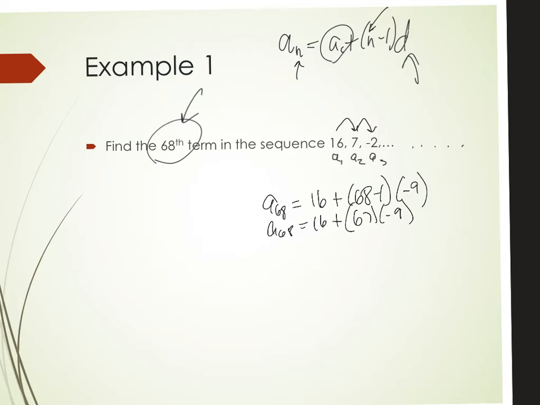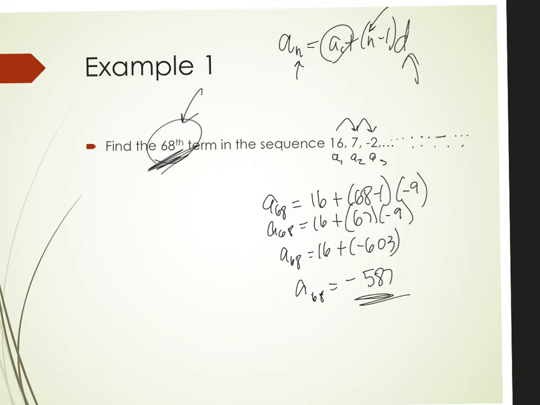I have my calculator here. 67 times negative 9 is negative 603. And when I add 16 to that, I get an answer of negative 587. So if I had this list continued all the way out to the 68th term, this would be the number in that position.